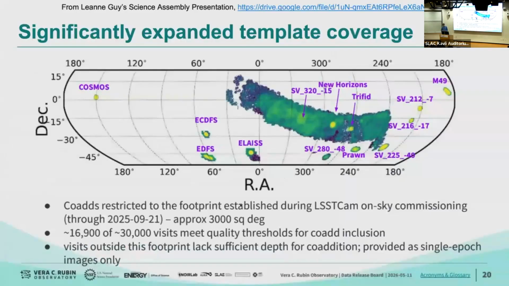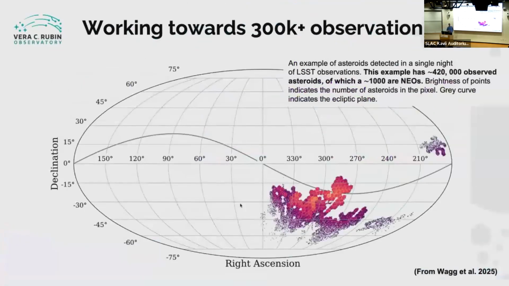Unfortunately, you've heard the bad news about the weather and the catastrophic impacts of it in Chile. So this season, it may be a slower start than we hope, but when we're back, hopefully in September, we should start discovering asteroids at a much greater rate. And then, as templates get built up over time, this is what we're moving towards.